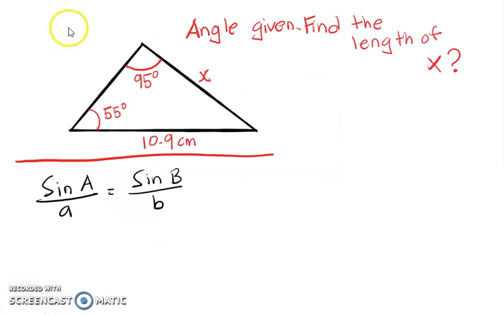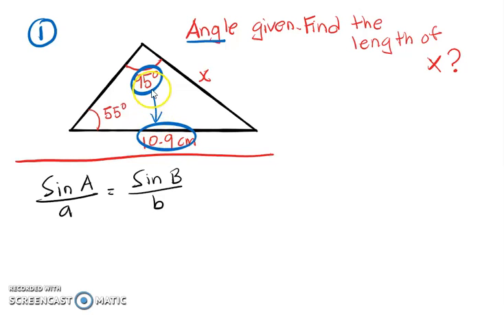Alright. Okay, this is question number 1. As you can see here, the angle is given and we have to find the length of x. Okay, now by using this sine rule, we have to find a pair. Alright, so you can see this angle and the length over here appear to be a pair.